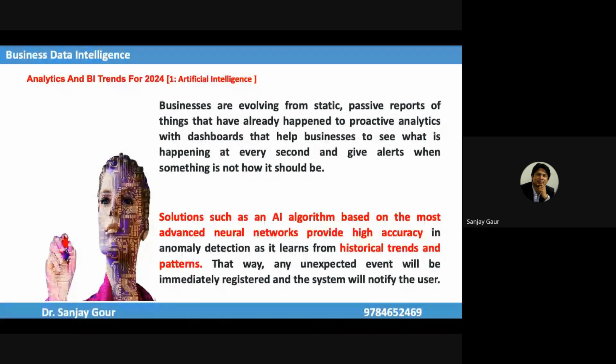This way any unexpected event will be immediately registered and the system will notify the user. Earlier we were talking about anomalies and ambiguities in the database, but right now it is not hard to identify ambiguities and anomalous, or irregular, values from the database.